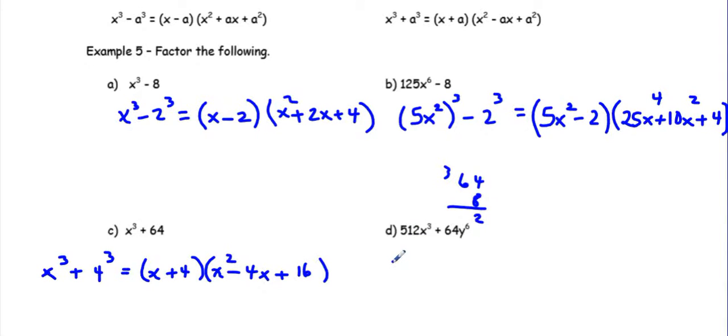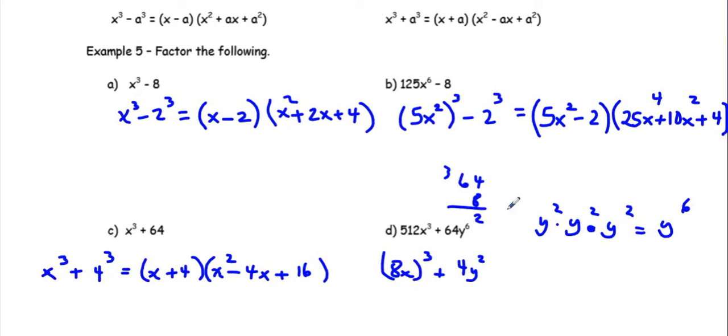All right, so we're going to write this as 8x cubed plus 4y squared cubed. So the cube root of 64 is 4, because 4 times 4 times 4 is 64. And then y squared, remember, is the cube root of y to the 6th, because if you multiply these three together, you're adding the exponents, right?